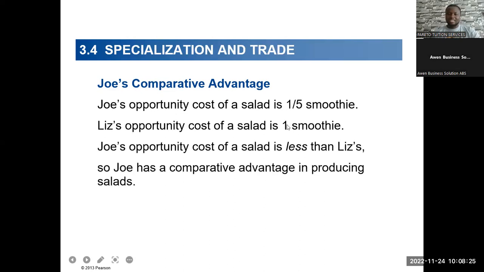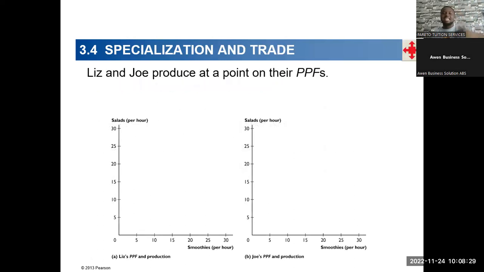It is way lower than that of Liz. So why won't Joe also specialize in producing salad? So Liz goes for smoothies because she has a comparative advantage there, and Joe has a comparative advantage in producing salad, so he also specializes there.